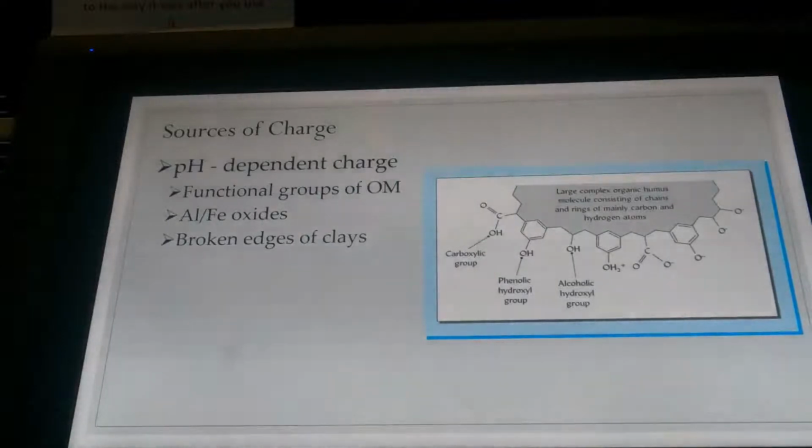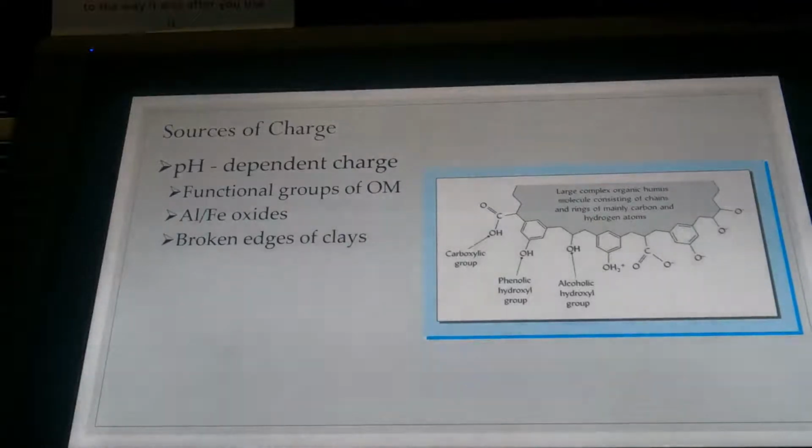And I'll ask you this several times throughout the class. The three sources of pH dependent charge are going to be functional groups of organic matter, aluminum and iron oxides, and broken edges of clays.